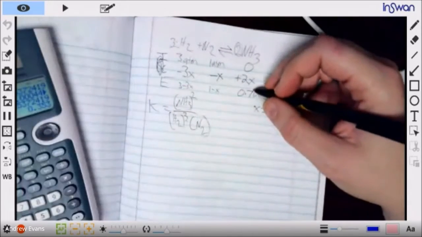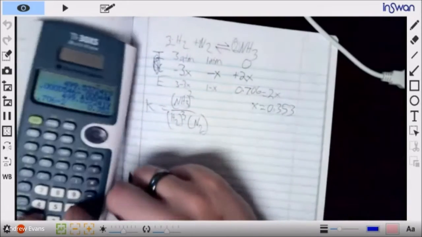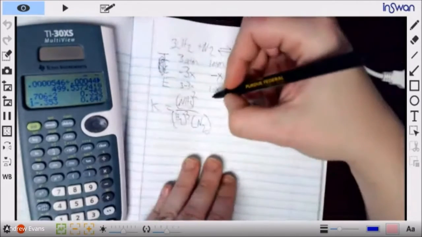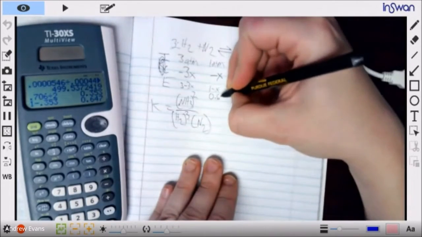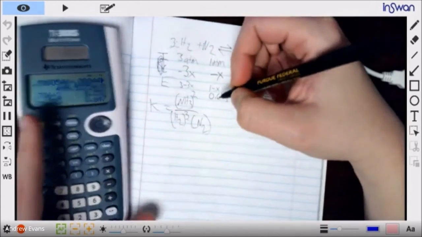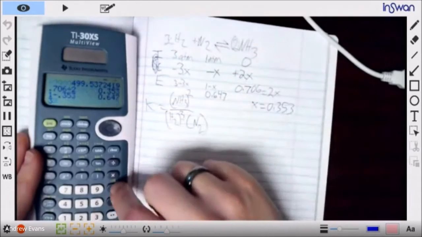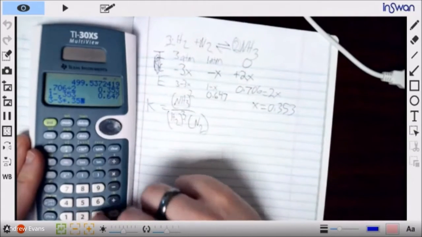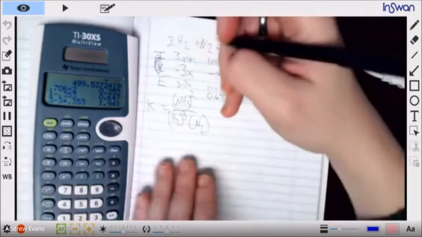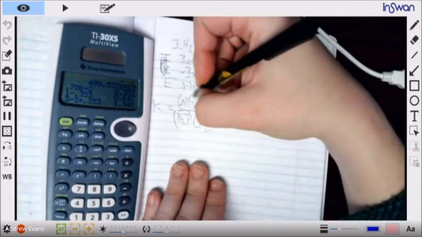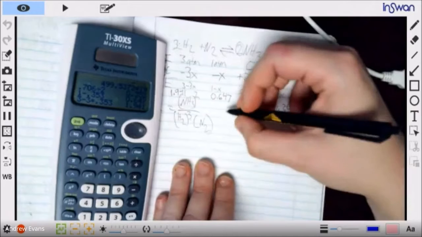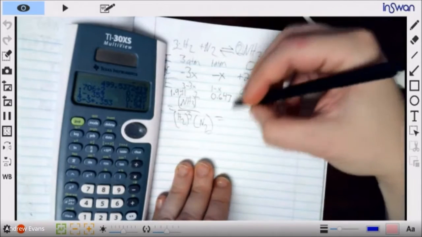So 1 minus 0.353 is 0.647. And 3 minus 3 times 0.353 is going to be 1.941.